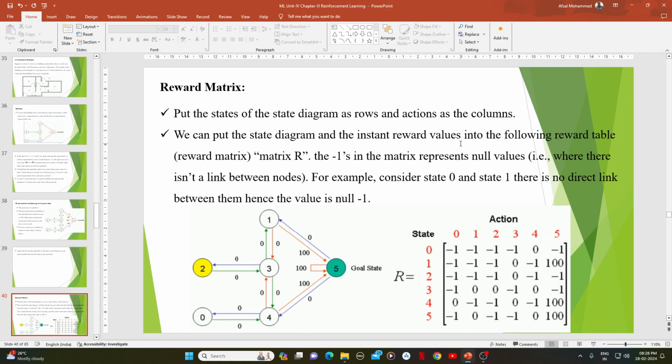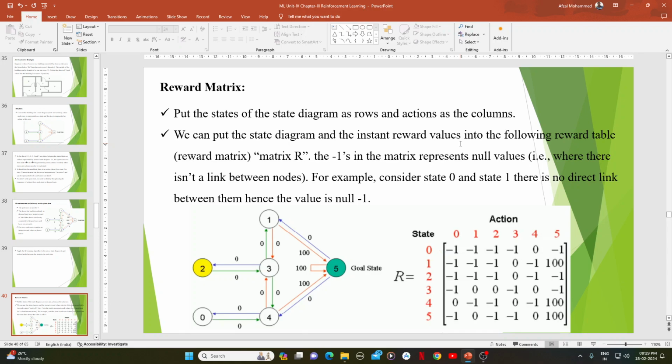And wherever we don't have any door in between, to move from 1 to 2, do we have a direct door? No. So in all such cases we represent it with -1. If there is no door in between any two rooms, we mark it with -1.